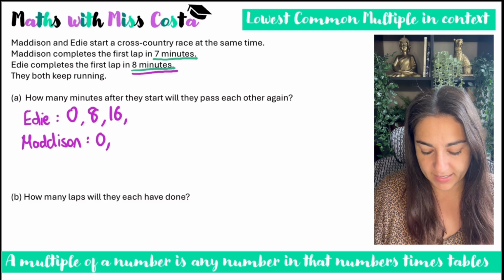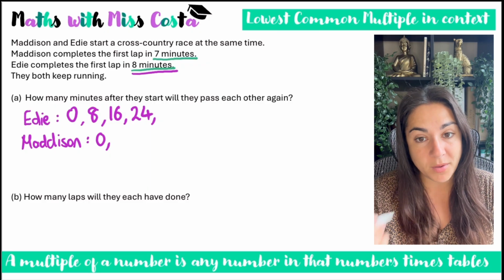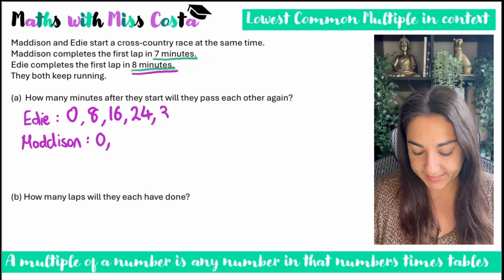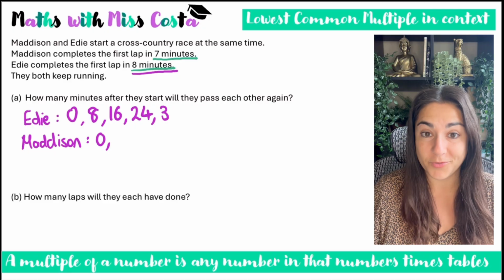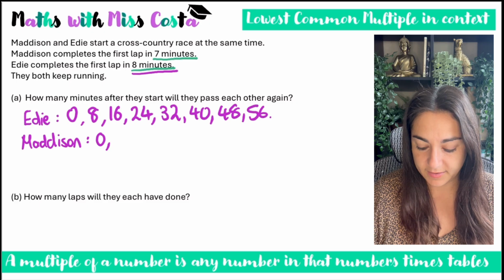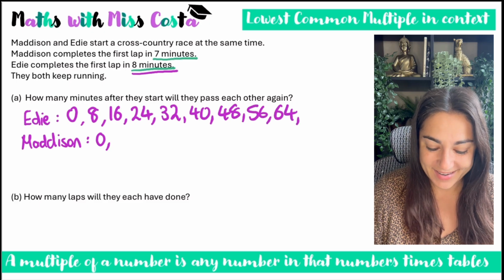Another lap is going to add on another 8 minutes, 16. The other lap is going to be 24. It's basically just the 8 times table. So a multiple of a number is essentially its times tables. So we've got 8, 16, 24, 32, 40, 48, 56, 64, and hopefully I don't have to keep going.